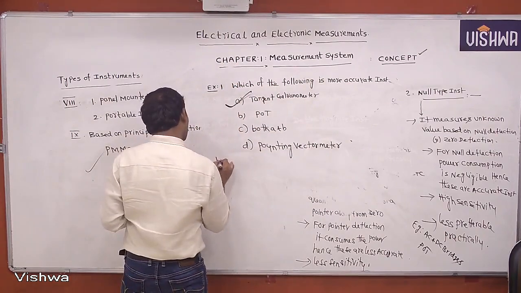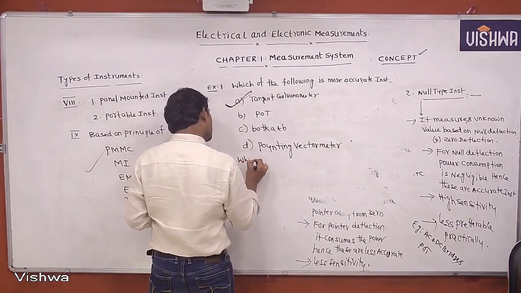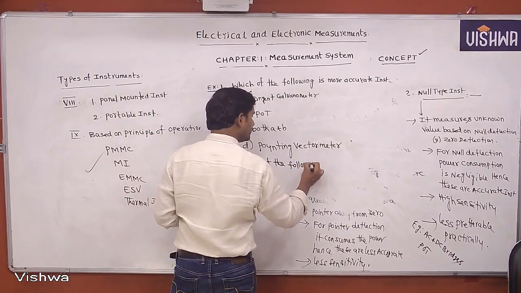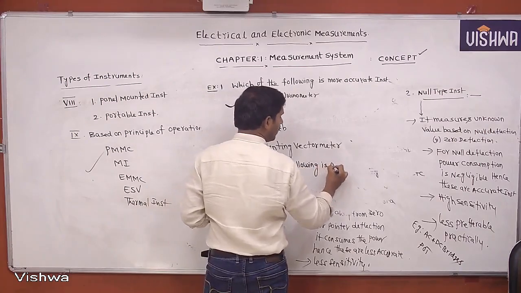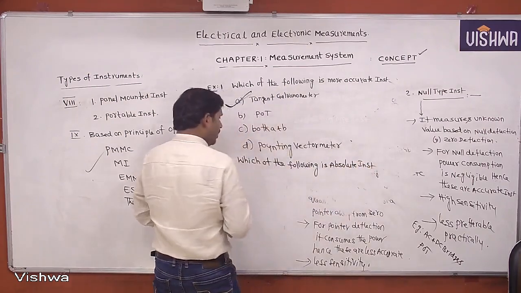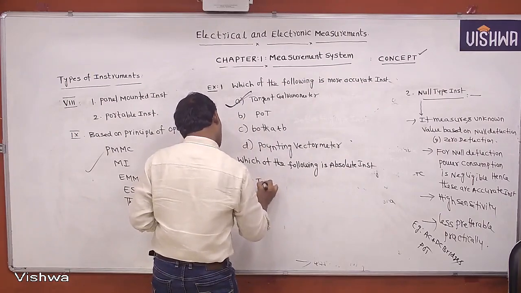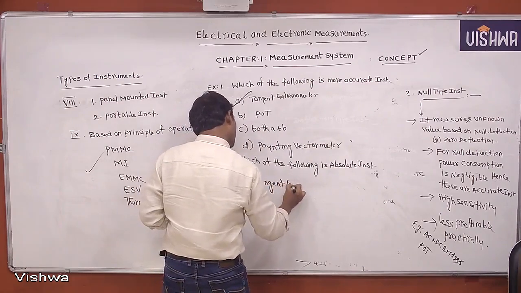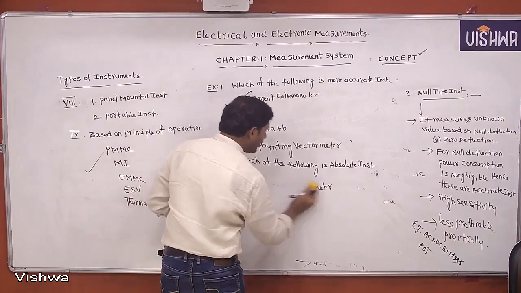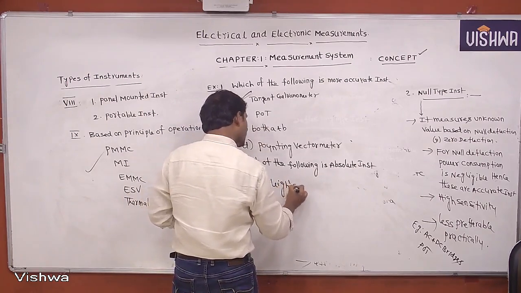Another example: if it is asked like this, which of the following is an absolute instrument? Option A, tangent galvanometer, or Rayleigh's current meter.